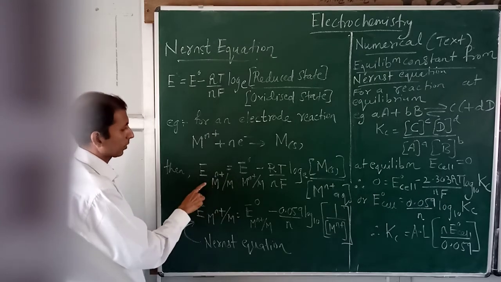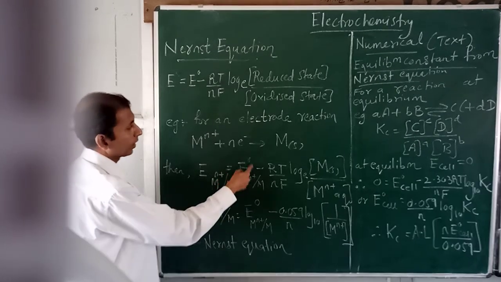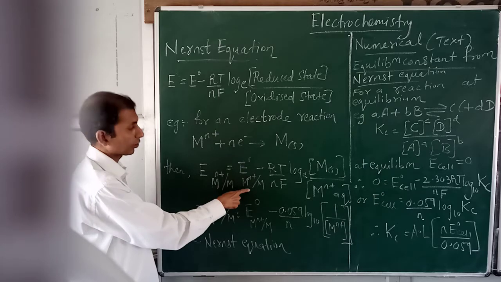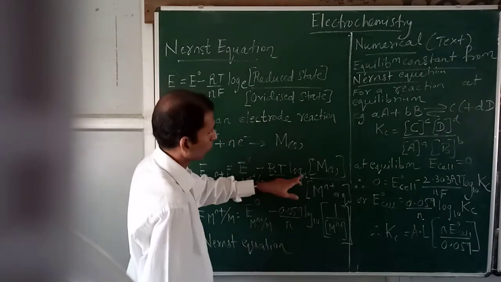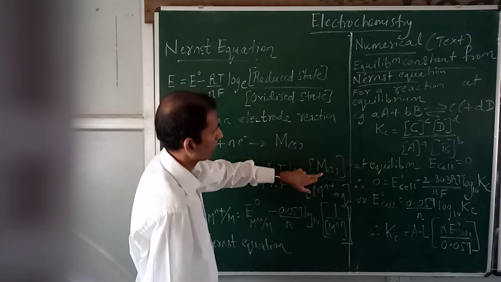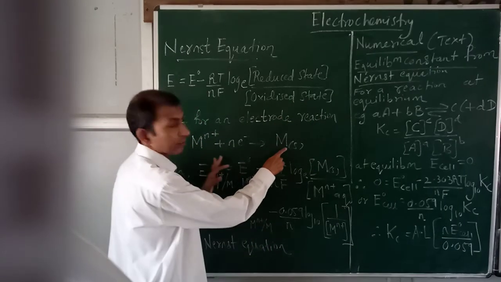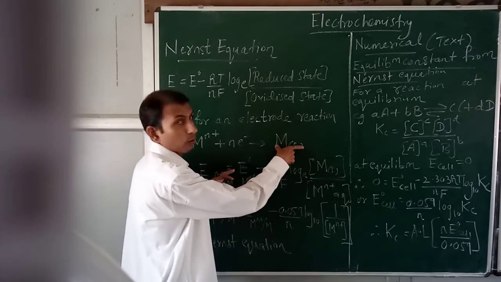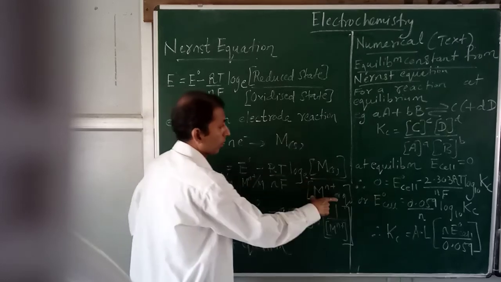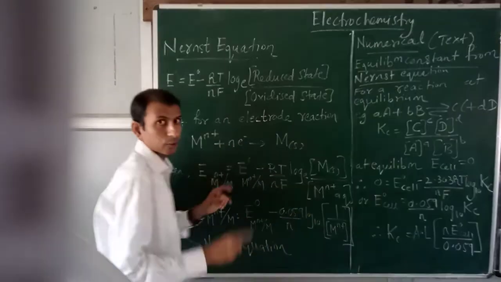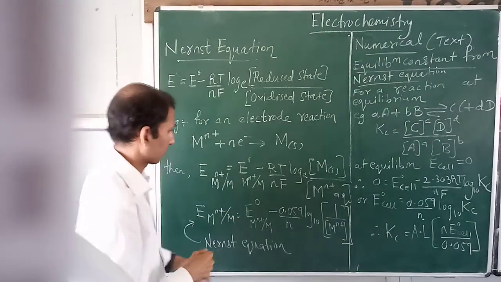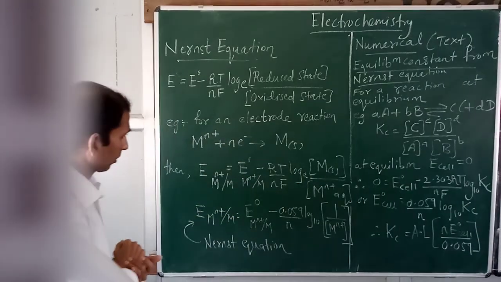So the reduction potential is given by the concentration of the product term upon the concentration of the reactant term. Square bracket means concentration.